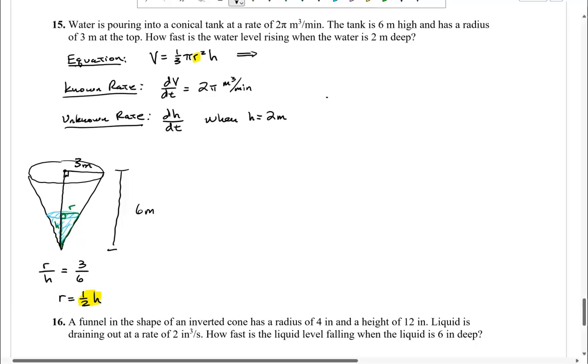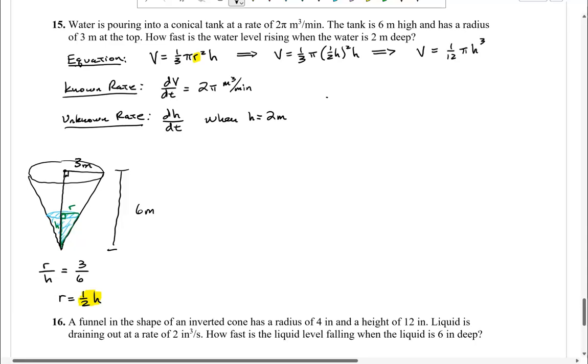So this becomes V equals 1/3 pi times (1/2 h) squared times h. If we simplify this down, that becomes V equals, when we square a half, we get a fourth. We multiply that by the 1/3, we get 1/12 pi, and then we have h squared times an h, which gives us h to the third.